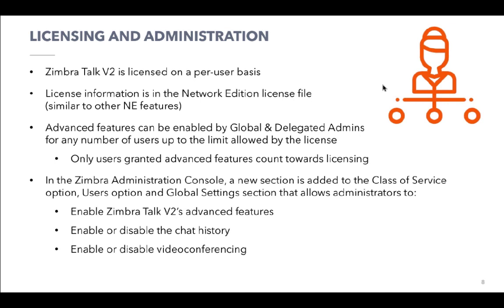Only granted advanced features count towards the licensing. So in an environment of say 1,000 users, you can have 300 or 500 users with advanced features, and the remaining can be basic users. You will need to buy licenses only for users with the advanced features. The basic features of text chat and one-to-one and one-to-many chat that we talked about do not count towards any licensing.